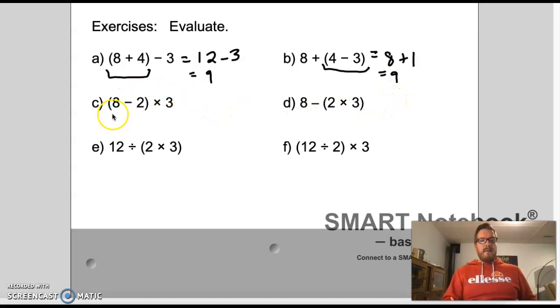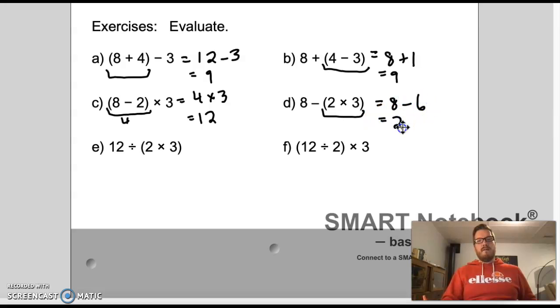Over here I have 8 minus 2, that gets done first, and that's 6 times 3... wait, that's 4 times 3, which gives me 12. And then over here, I'm doing that multiplication first. So that's 8 minus 6, which equals 2. Notice, different answer. Brackets sometimes influence the answer.